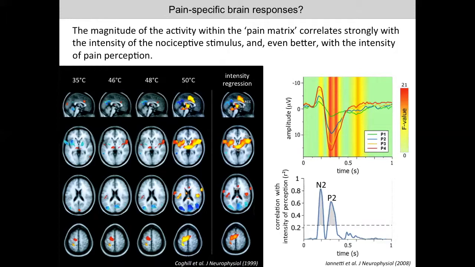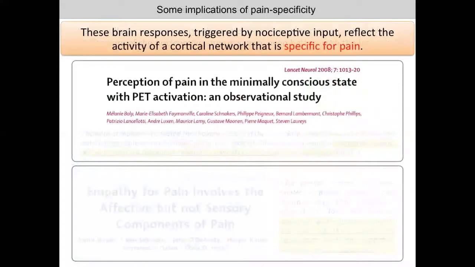However, correlation is not causality necessarily. And on the basis of that correlation, people have been inferring that those responses are somehow related to pain. And on the basis of that inference, people have been drawing and are still drawing, for example, clinical conclusions, like saying, if I have a patient in coma, I see activity in those areas, then that means that that person is experiencing pain and I need to treat that person.